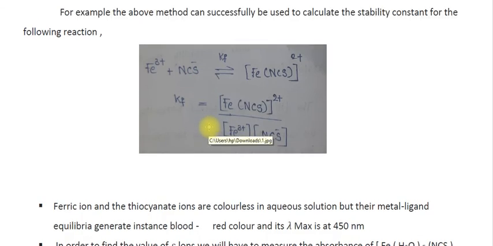Fe3+ plus NCS- giving FeNCS2+, where Kf means the formation constant. Kf is the concentration of the product, that is concentration of FeNCS2+, divided by concentration of Fe3+ into concentration of NCS-.